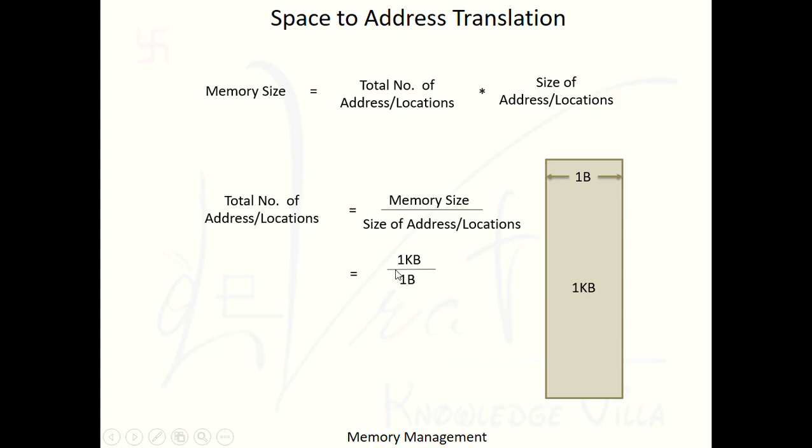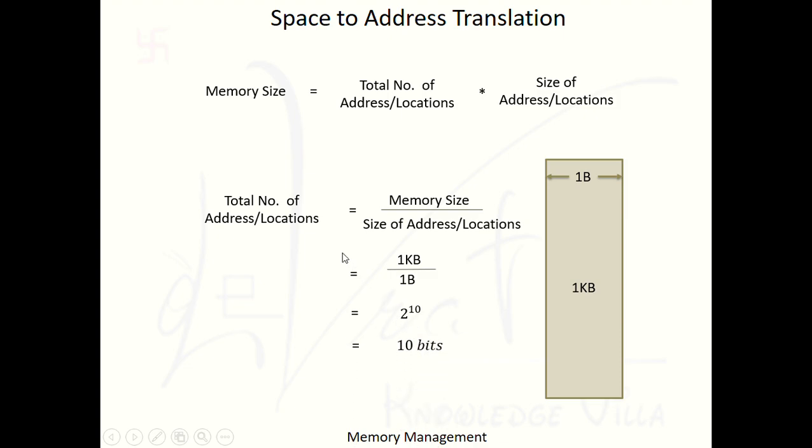If we solve this equation, 1 byte by 1 byte cancels, so it will remain 1K only. Get it? So 1K means 2 raised to 10. 1 kilo is 1024, and 1024 is nothing but 2 raised to 10. So if someone asks how many bits are required to generate 2 raised to 10 addresses, the answer is 10 bits.